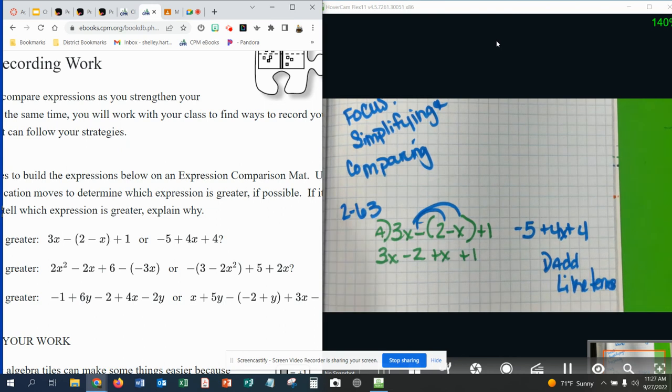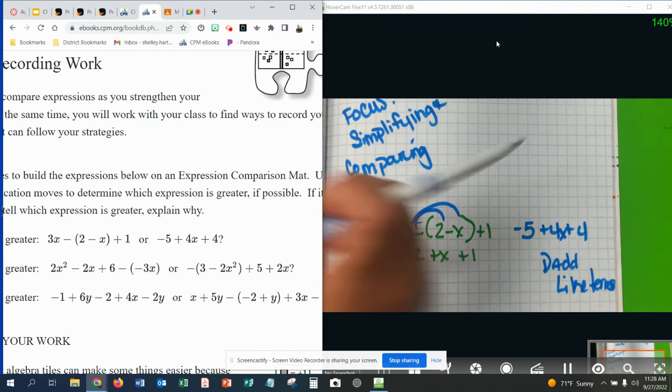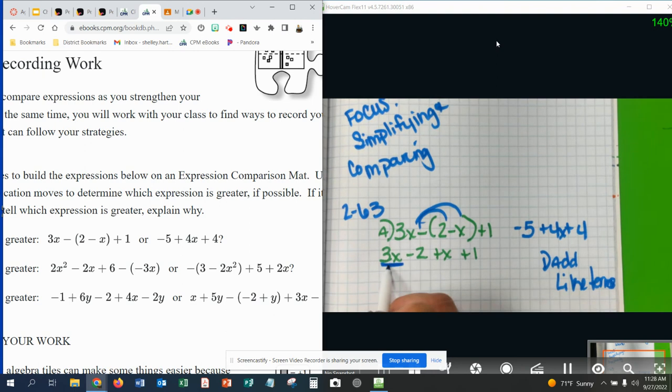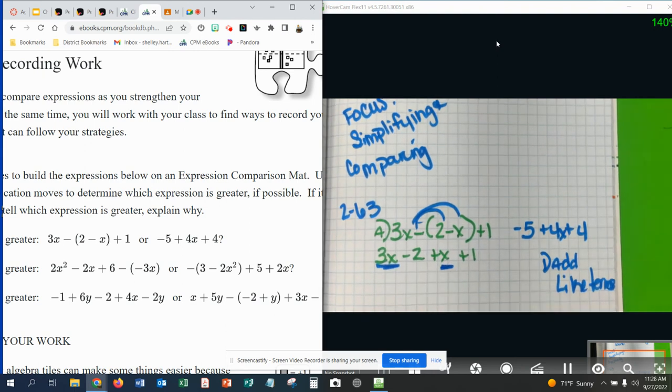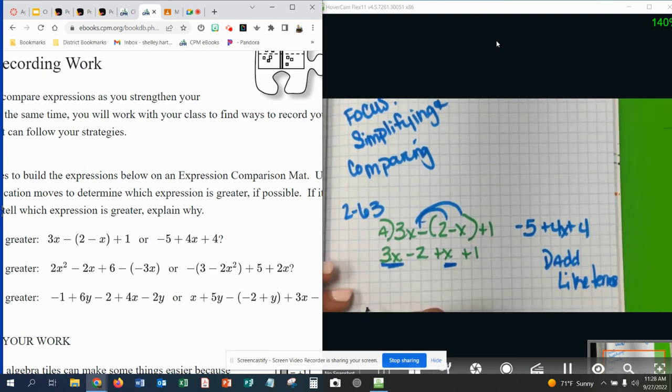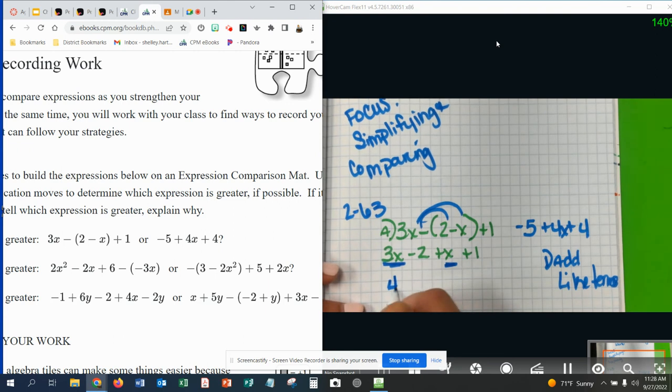Okay, so what are our like terms? Ms. Ramirez, give me a like term. Yes, 3x plus 1x is 4x. And so these are gone.